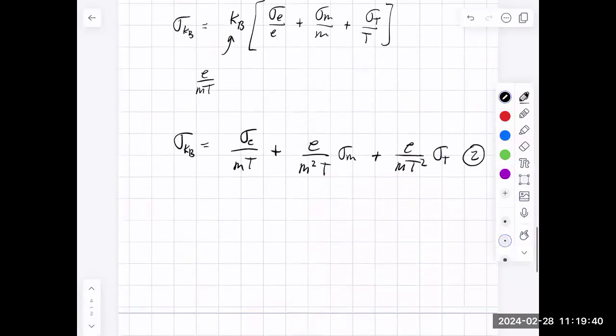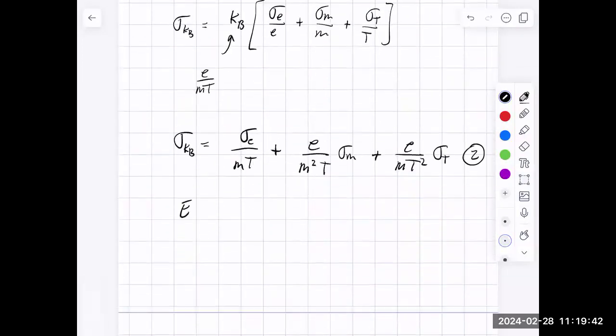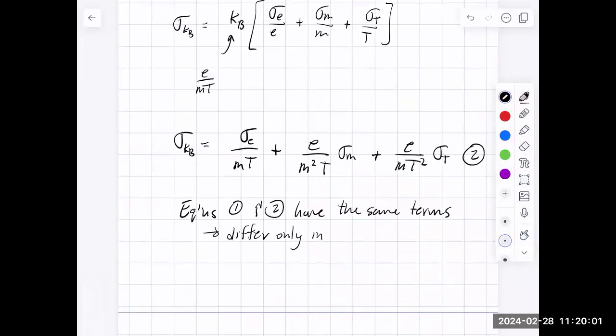So equations 1 and 2 have the same terms. They differ only in the squares and square root.